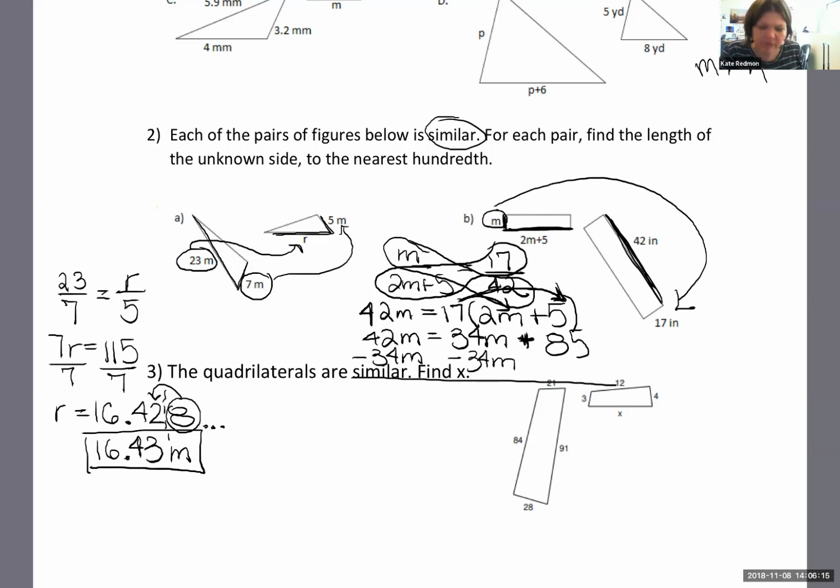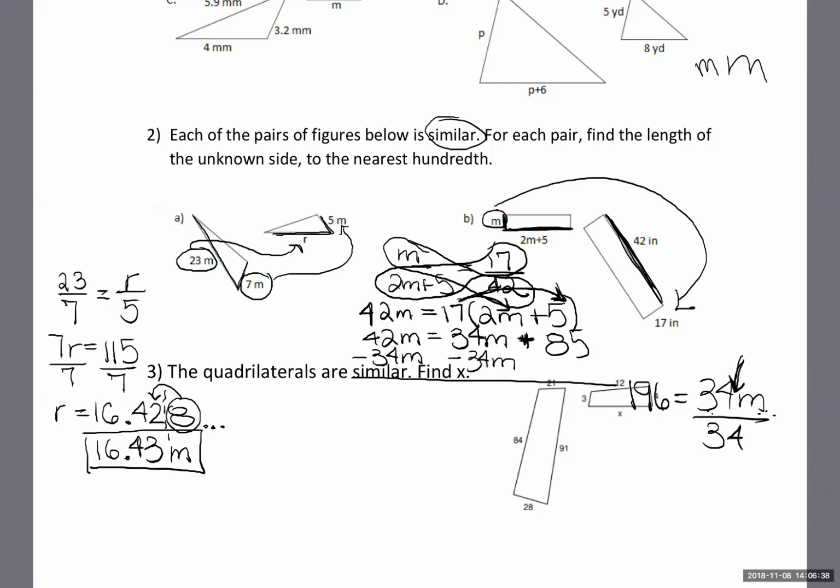You guys understand why I'm subtracting and not dividing? So Bianca, if I just had a 34m, and say it equaled 196, and I wanted to break up the 34 and the m, the 34 and the m are shoved together, so they are multiplying, so I would divide. Does that make sense? Yes.